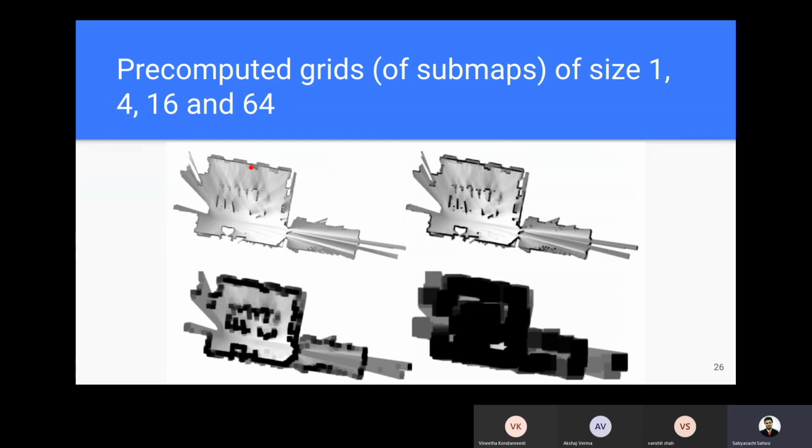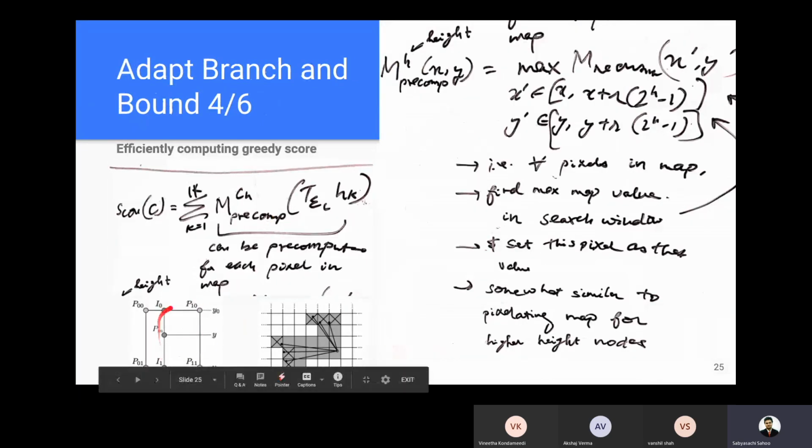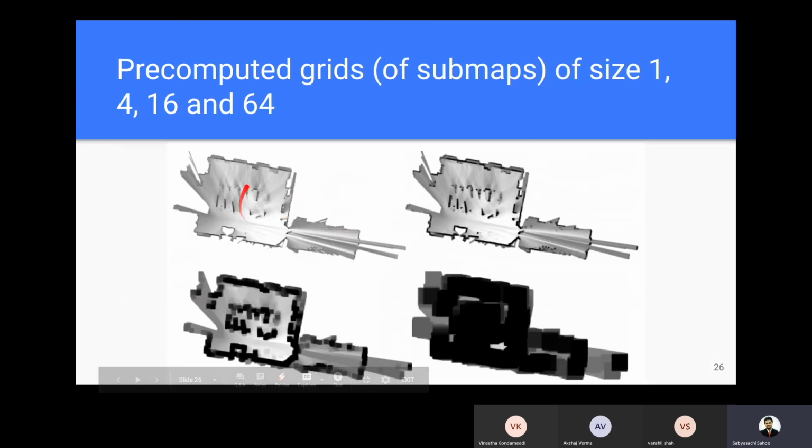So no max is happening, the max is happening over the value itself. The values are absolutely crisp, and this is the kind of map you would like to use for scan matching, the thing we were trying to do in a brute force manner, which would happen maybe at height 4.